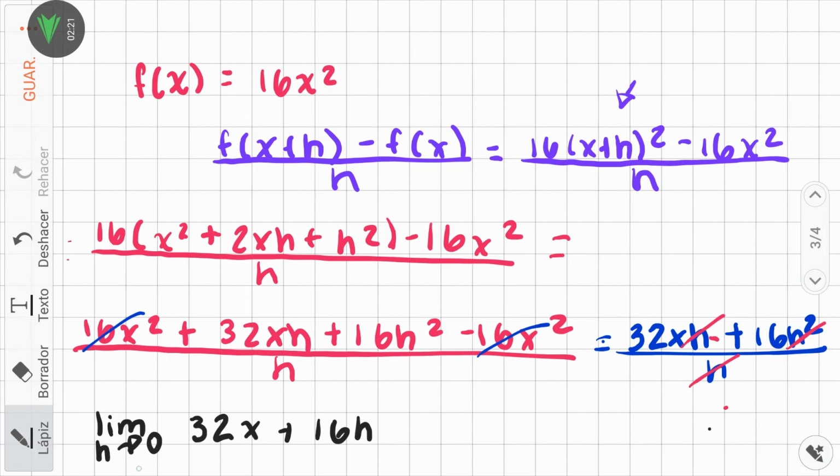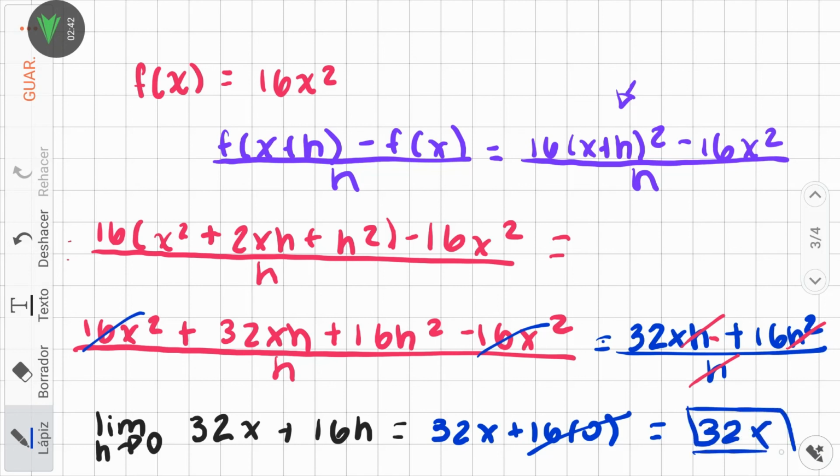Now I'm gonna add to this. Instead of writing an h, I'll write a 0. So it'll be 32x plus 16 times 0. This will cancel out. And then we will be left off with the answer, which is 32x. And then 32x is the derivative of this function.